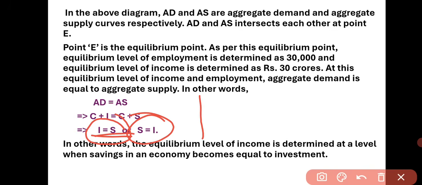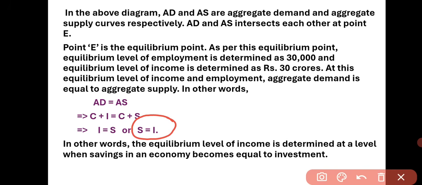Understand? We know that the equilibrium level of income and output in a country can be determined at that point where AD becomes equal to AS. AD is equal to C plus I, AS is equal to C plus S. This implies that I becomes equal to S or S becomes equal to I.